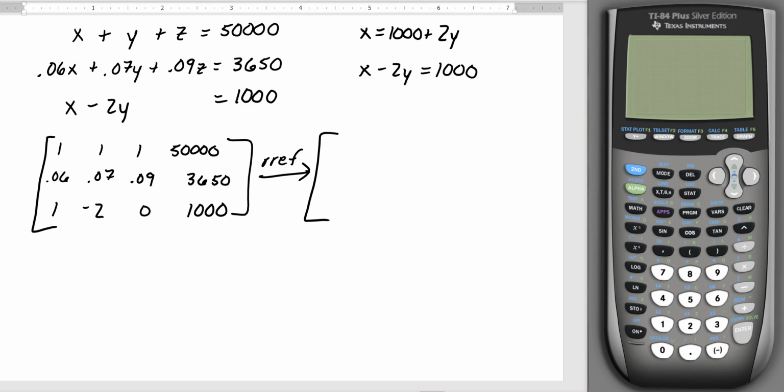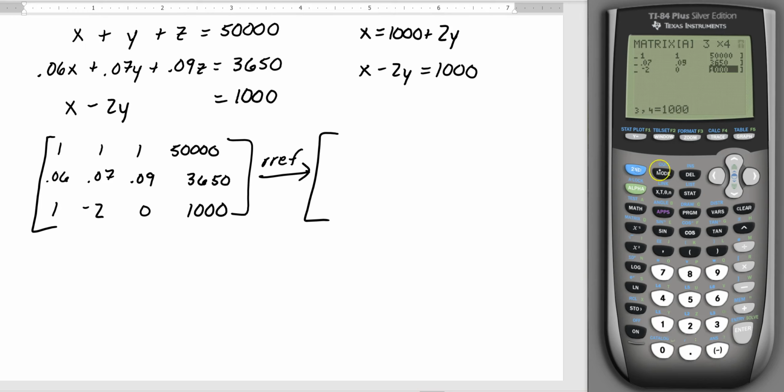When I do that, I can go to my matrix. I'm going to edit matrix A, make it a 3 by 4 of 1, 1, 1, 50,000, and then 0.06, 0.07, 0.09, 3,650, and then 1, negative 2, 0, and 1,000.